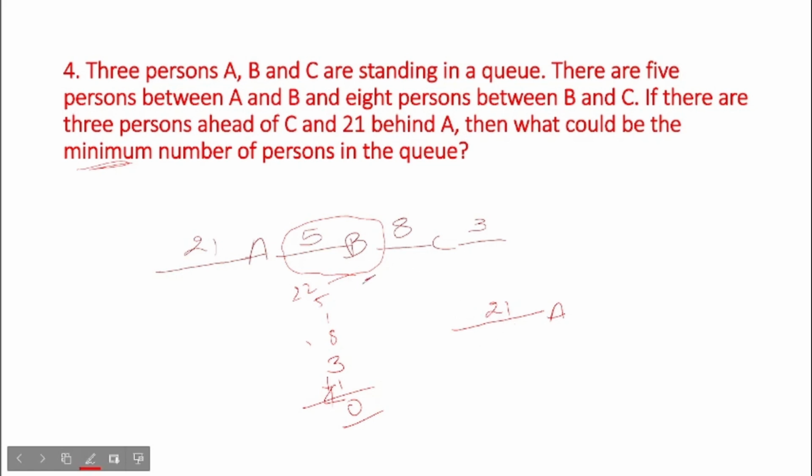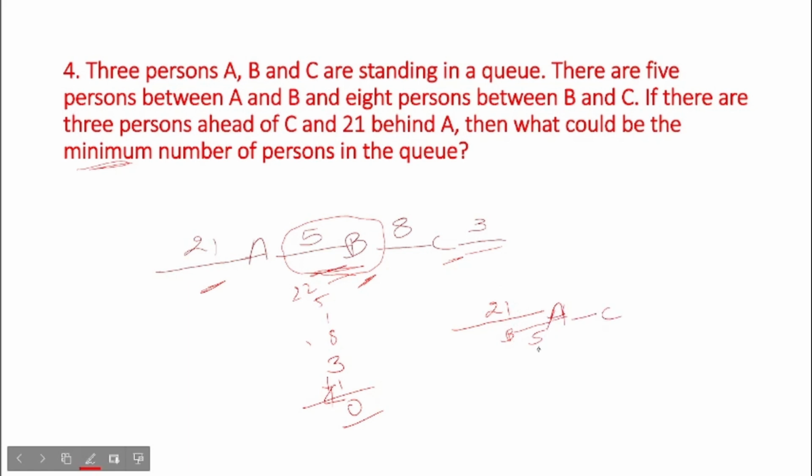This is the only possibility if you see, because after C there have to be three persons, behind A there have to be 21 persons. This is the only thing we can change, right? So we will shift the position of B to this side, and from B to C there should be eight members in between.